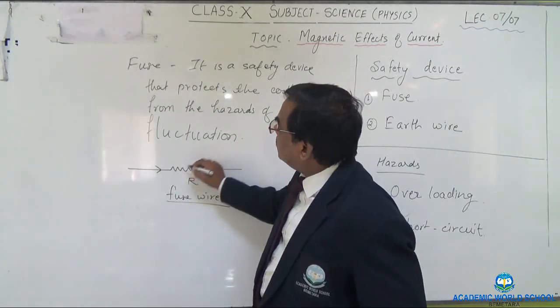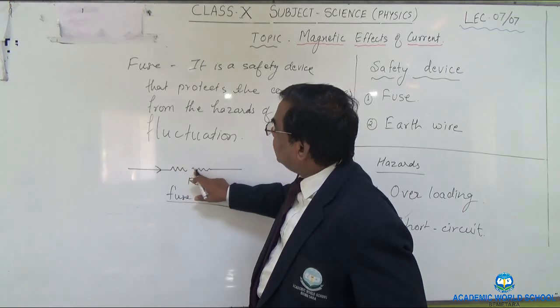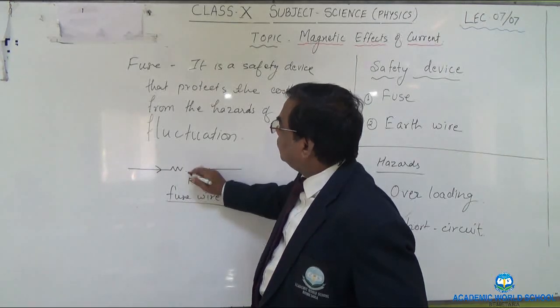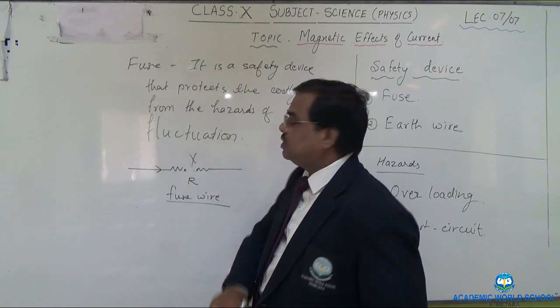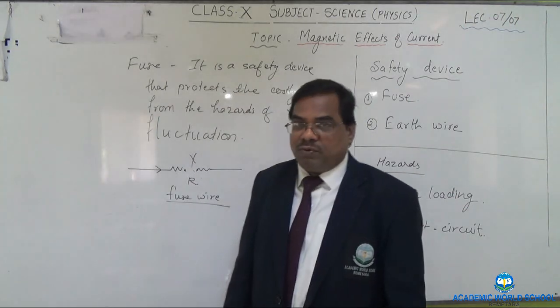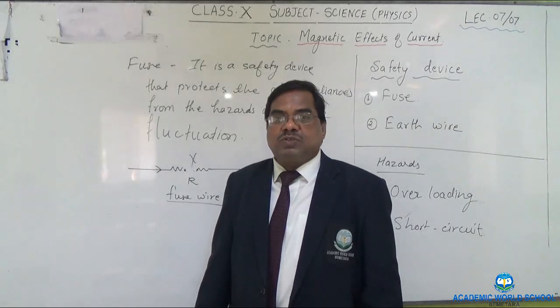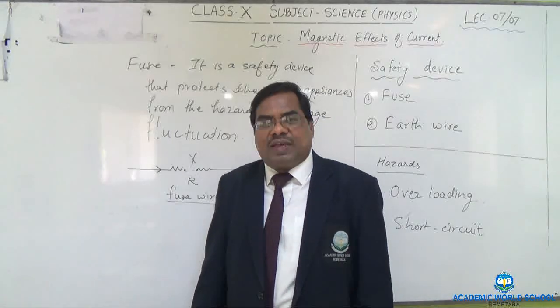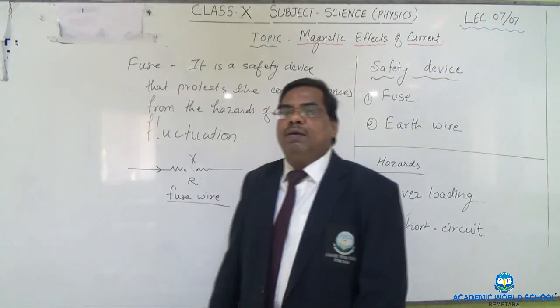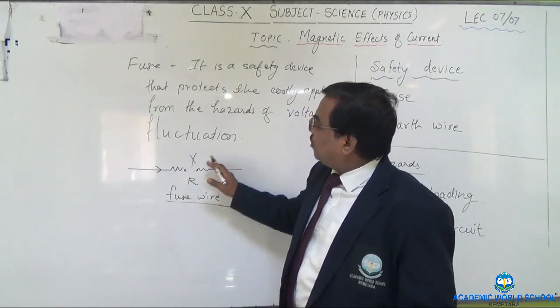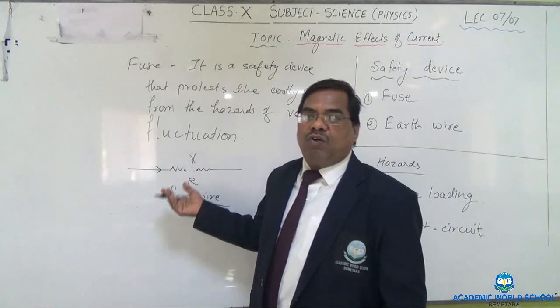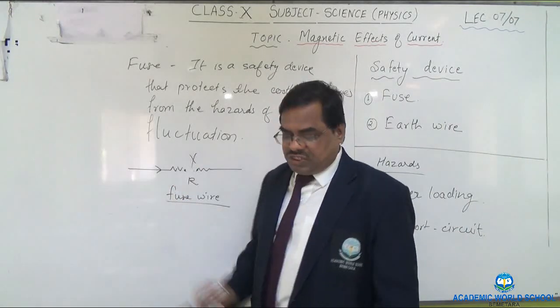Therefore, it becomes heated up and it melts. On melting, the circuit is broken and no current flows through the fuse wire. So in other words, we can say the fuse wire breaks itself by melting and doesn't allow further flow of current till you change it.